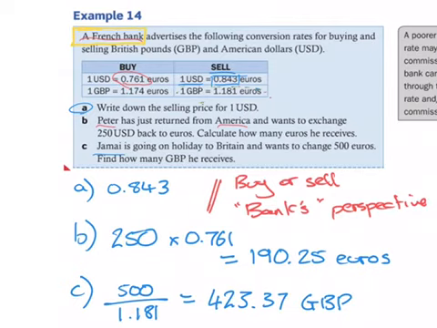The other challenge within these types of questions is working out whether we're multiplying or whether we're going to be doing that division that I did here. There are a number of ways of doing it.